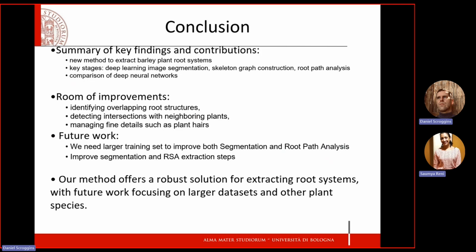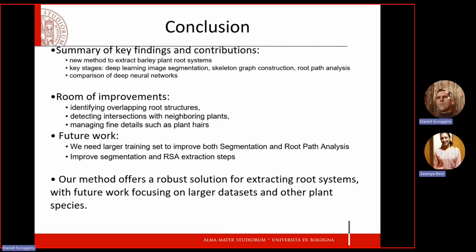In conclusion, we need a lot of work for the future. Here we presented the main steps of the algorithm, that are segmentation through deep learning and skeleton construction, and the two new path analysis algorithms. Possible areas of improvement include better identification of the root structures in case of overlap and intersection with a neighboring plant.